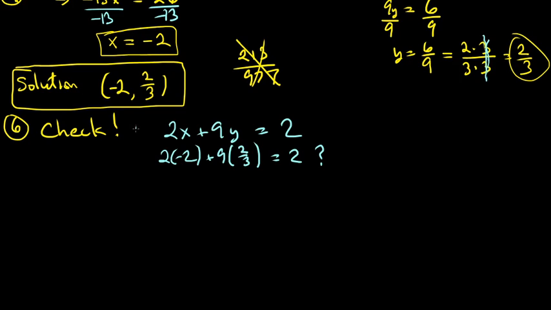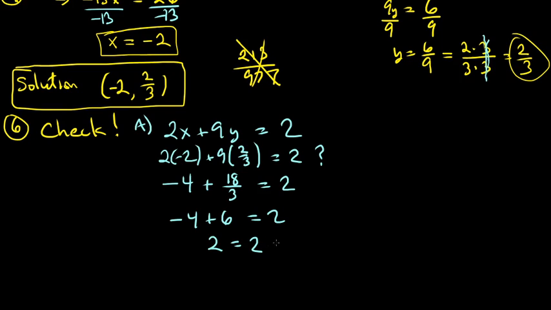This is equation A now. So 2 times negative 2 is negative 4. 9 times 2/3: well, 9 times 2 is 18, and 18 divided by 3 is 6. So 9 times 2/3 is just 6. And negative 4 plus 6 is 2.